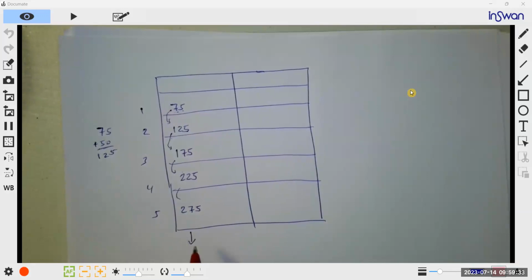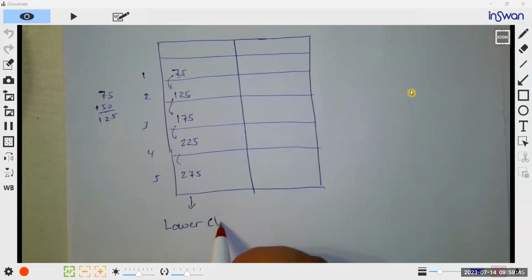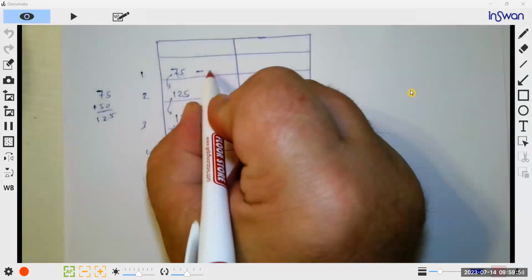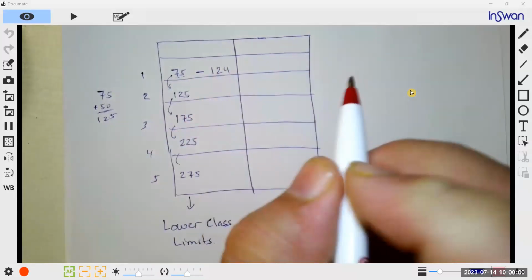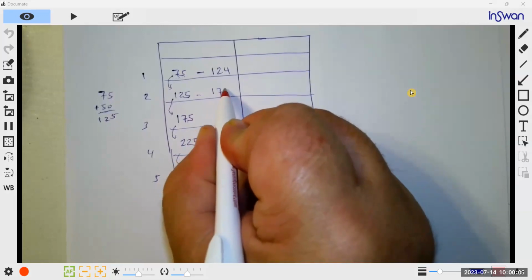Since these are the small numbers, these are what we call the lower class limits. Now, since that one starts at 125, this one goes to 124. This one starts at 175, this one stops at 174.